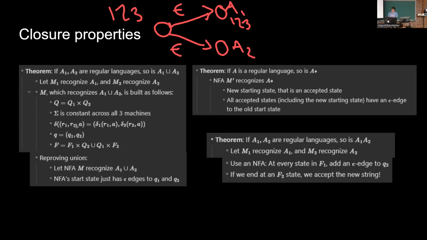The old way we did this is similar to what we did here, where instead of having an infinite number of states you can be at, you're always going to be at one state in A1 and one state in A2.